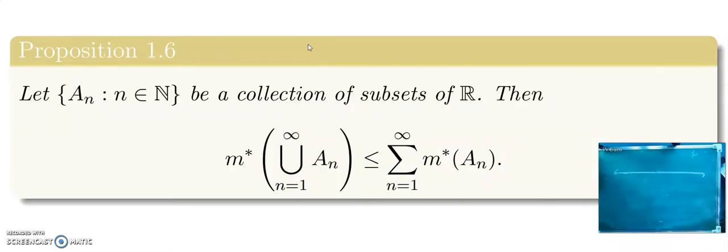Now, in our next proposition, we let A sub n, where n is a natural number, be any collection of subsets of R. Then, we have this inequality. Now, I will not discuss anymore the proof of this one. I will only discuss the concept of this proposition. Actually, the concept of this is most likely the same as getting the length of the intervals.